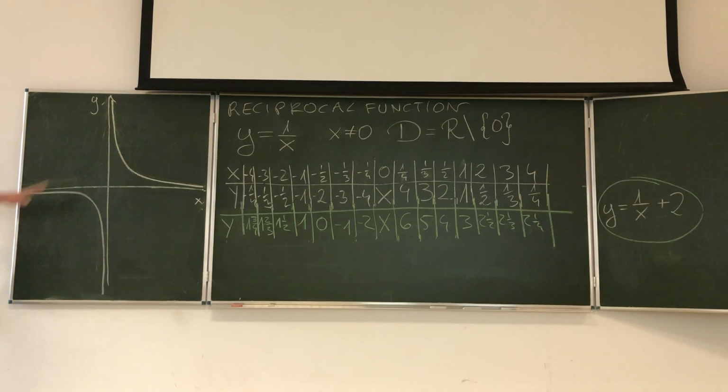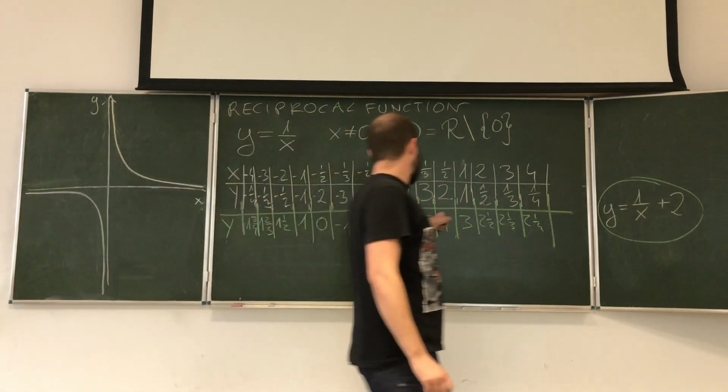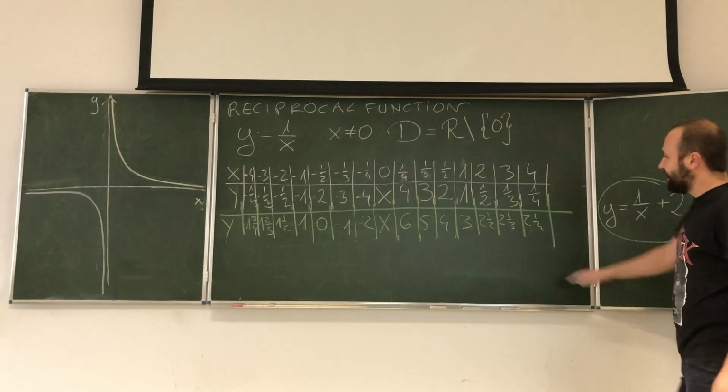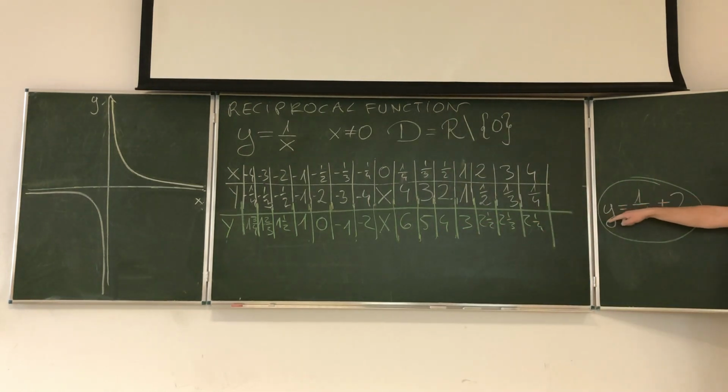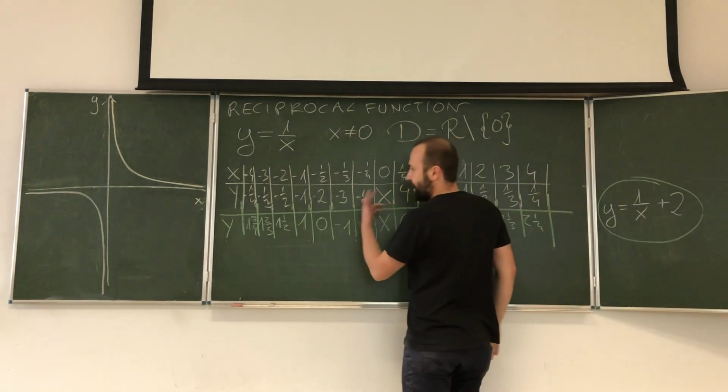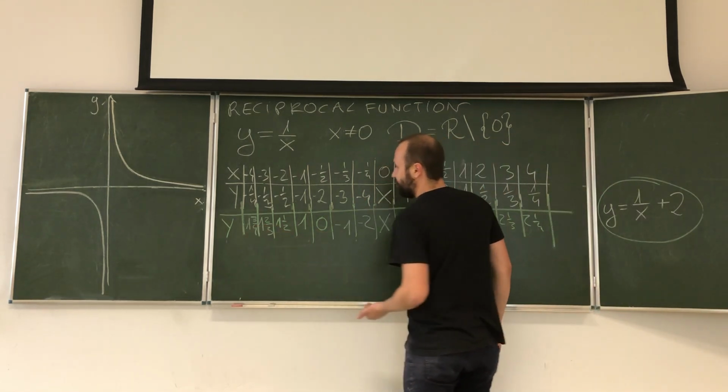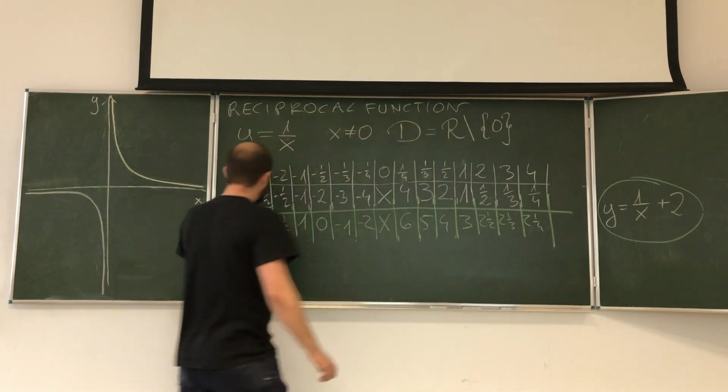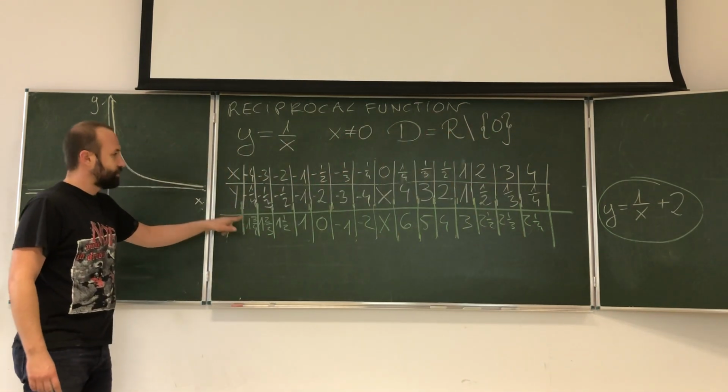It's at 0 for the original function. But now, values of the function are not going closer and closer to 0. They are getting closer and closer to 2. And the same happens over here. Look, we are getting closer and closer to 2.